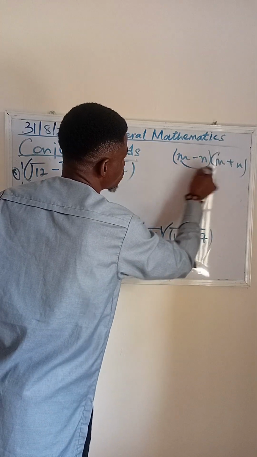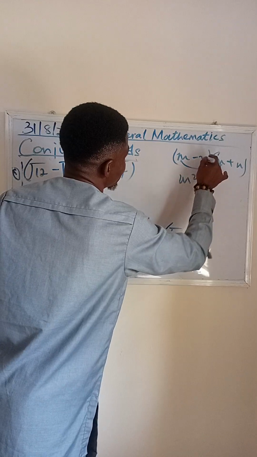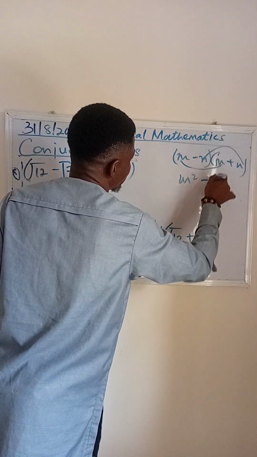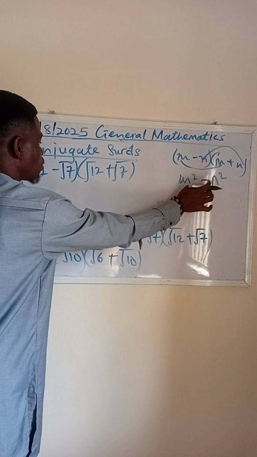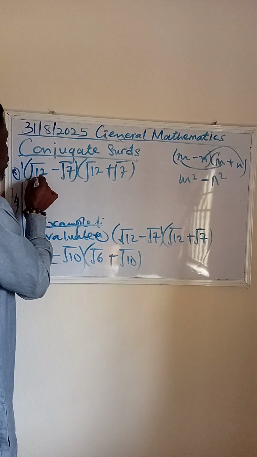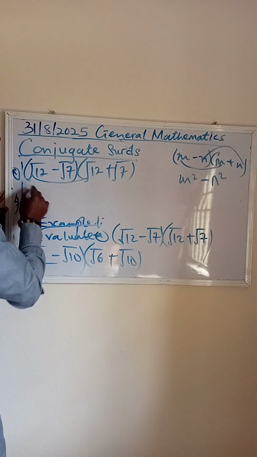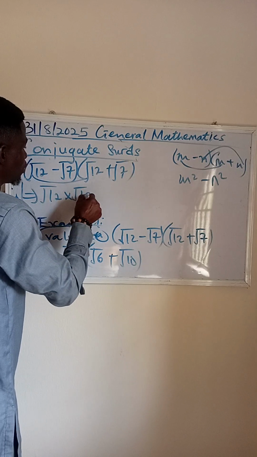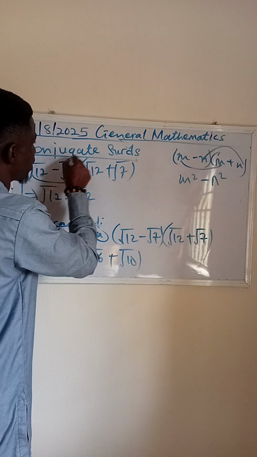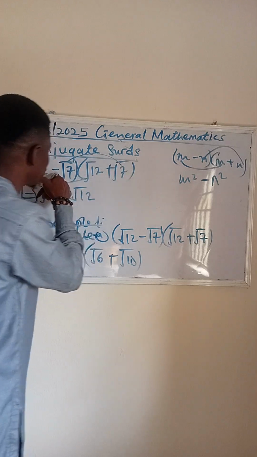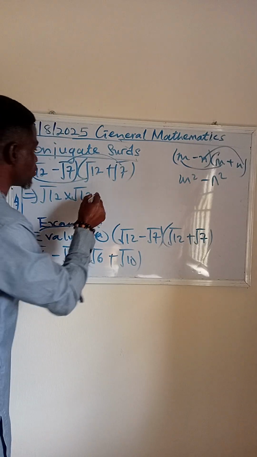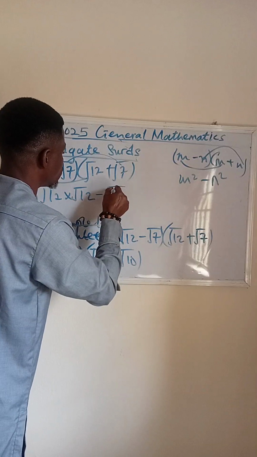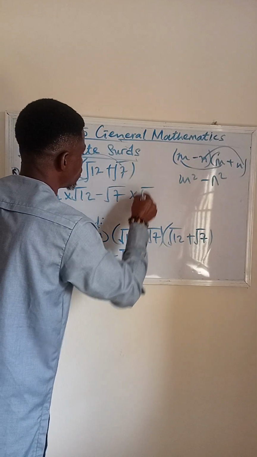Are you getting it? So this one can only multiply by this, and this one can only multiply by this one. Just multiply this together as root 12 times root 12. Then multiply this together, which will give you, don't forget, minus times plus is minus. Then we have minus 7 times 7.